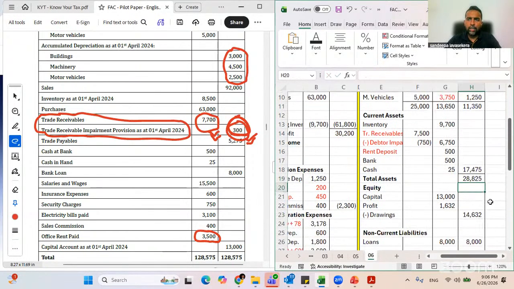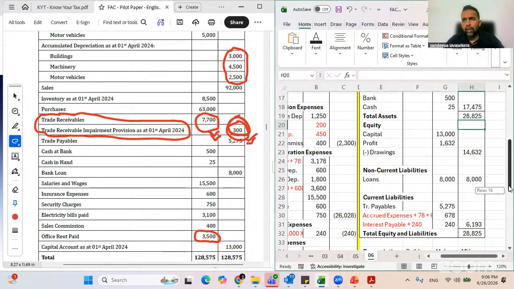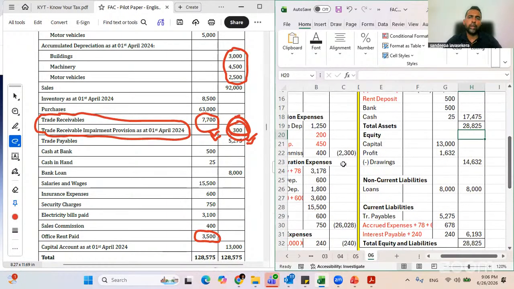So the balance sheet gets tallied at 28,825.